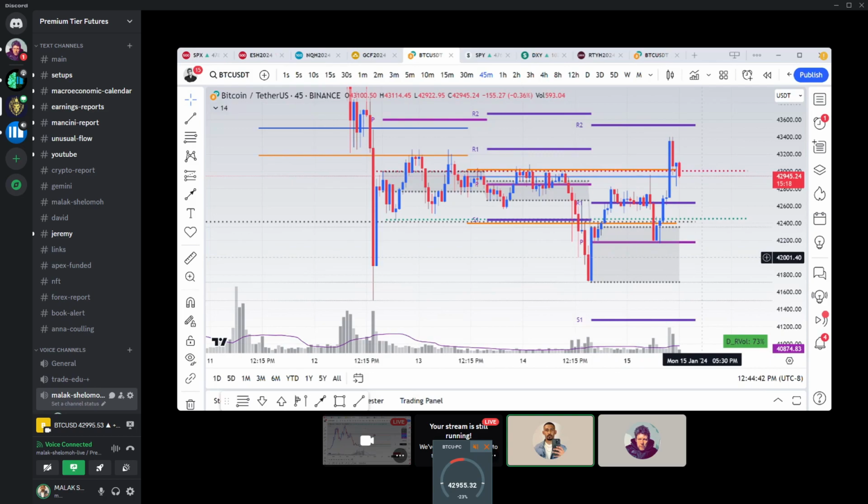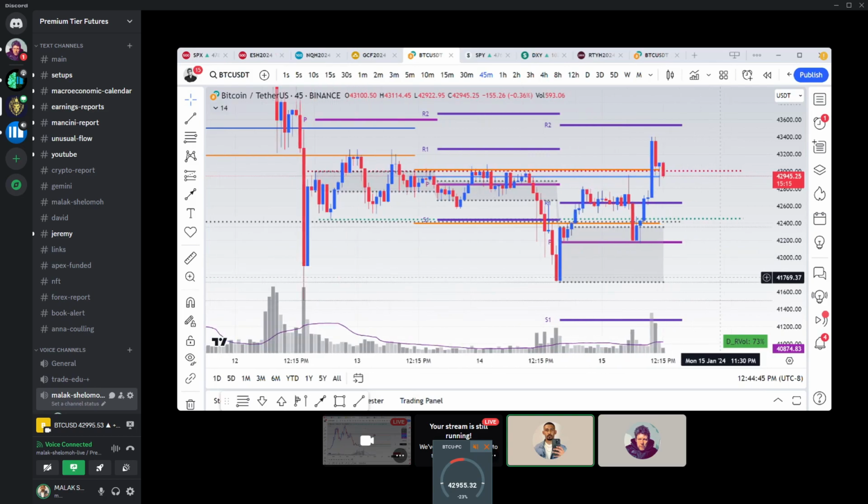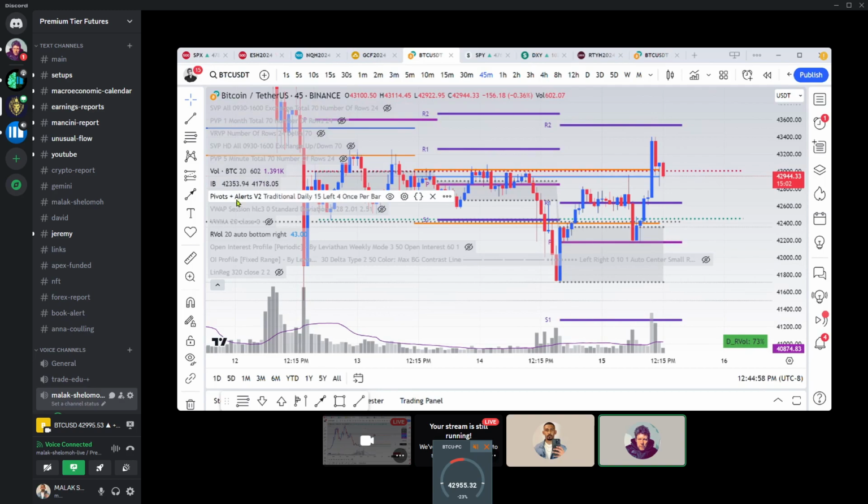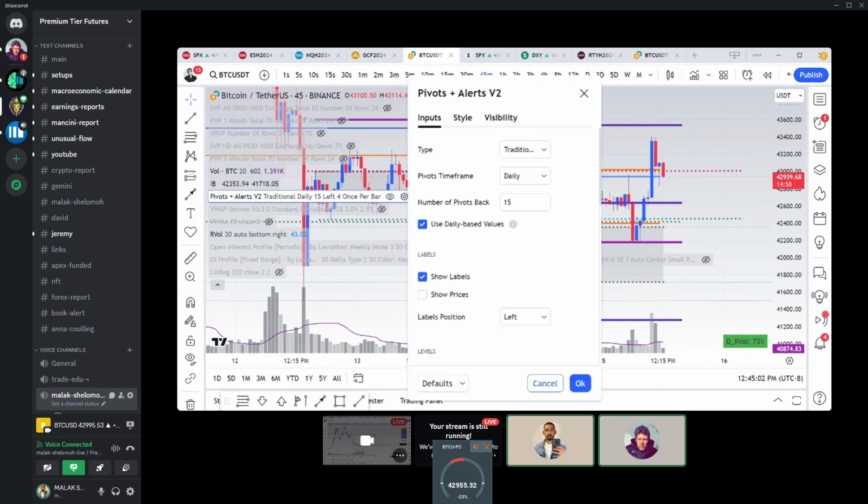Hold on one second. Your pivots are daily pivots right now, the floor pivots? Yes, kind of the standard one in TradingView, Pivots plus alerts version 2. Which one are you using for floor pivots? You can go in and swap it out.